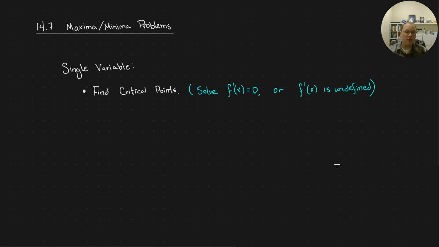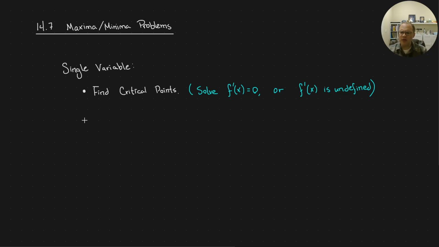We don't have enough information to rule it out as a local maximum or local minimum, so it might be. So we need to include any points in the original function where the first derivative is undefined, where the function is not differentiable. We need to consider those as critical points because they might be a local maximum or local minimum. The critical points should be all the values that could potentially be a local extrema.